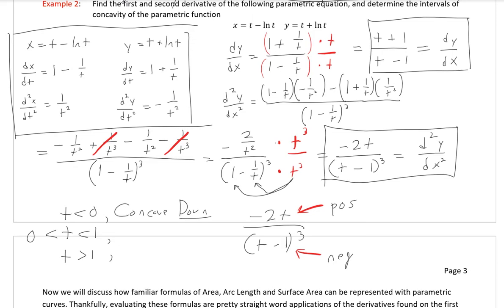If t is between 0 and 1, that means it's a positive number. Negative 2 times a positive number is negative. Something between 0 and 1 minus 1 will be negative. To the third power will also be negative. A negative over a negative cancel out. This is going to be concave up.